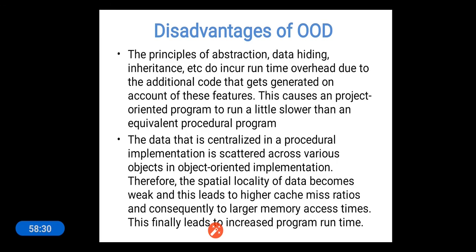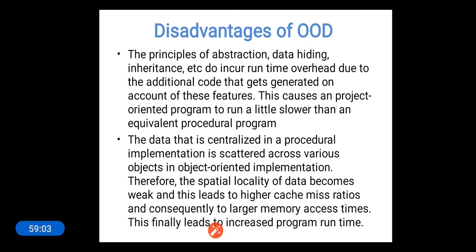Just like advantages, we can also find some drawbacks in object oriented design. Whatever features have led to the advantages of object oriented design, they are also the reasons for having some drawbacks. For example, features like abstraction, data hiding, and inheritance incur runtime overhead due to the additional code that gets generated on account of these features.